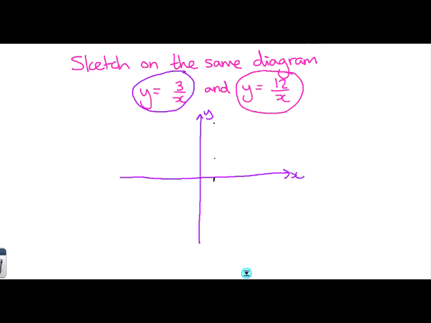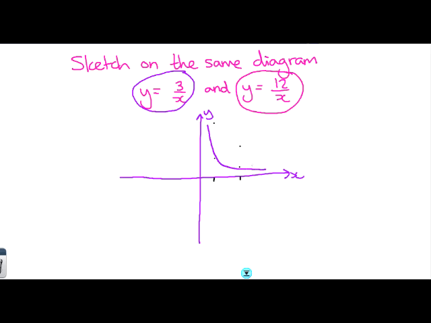If we choose 3, I'm choosing these numbers because they're both divisible. So if x is 3, let's say there, this one's going to be 1, and this one's going to be 4.